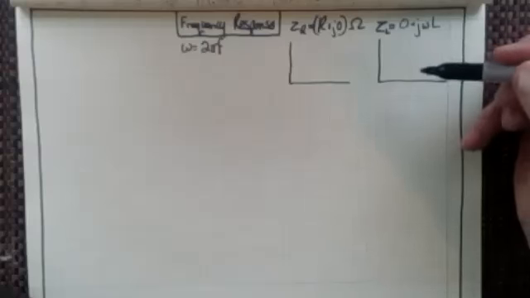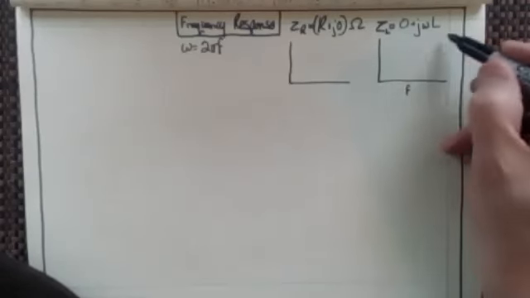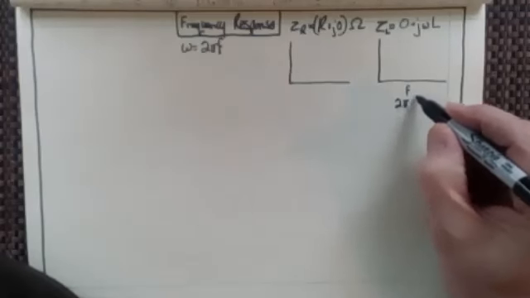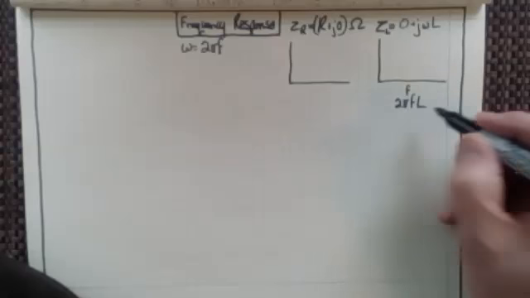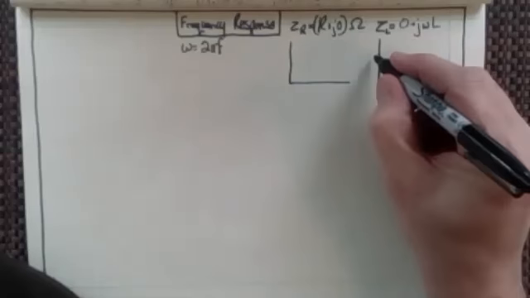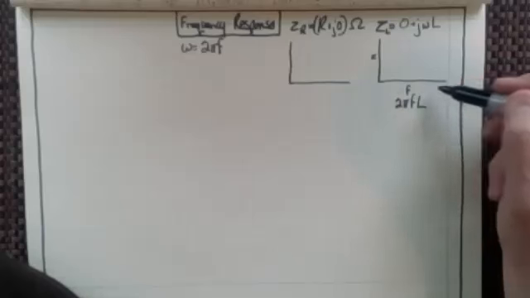And we can see how that changes if this is frequency, and I really have this equation here. Let's think about it. 2 pi f L. So what is my impedance going to be if f increases?